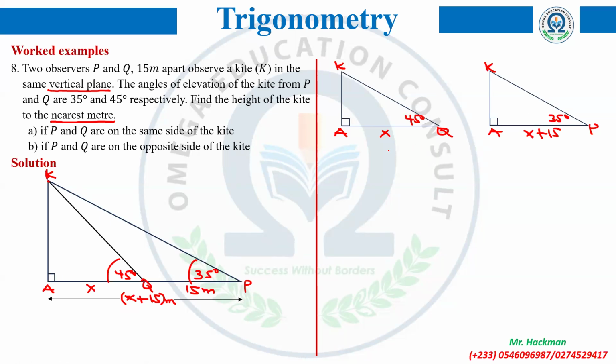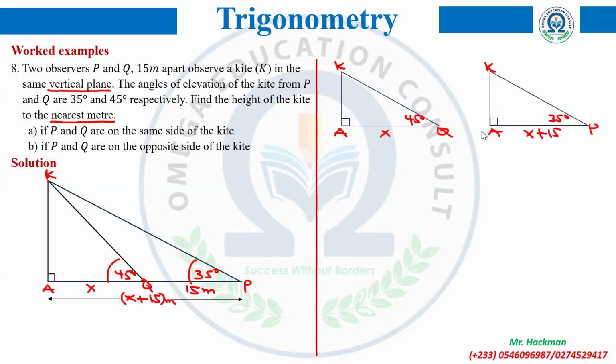At this point, remember, if you are able to break it down into the two simple diagrams that we have there, let's consider whether we have a common angle or a common side.